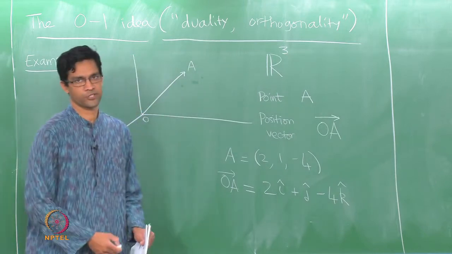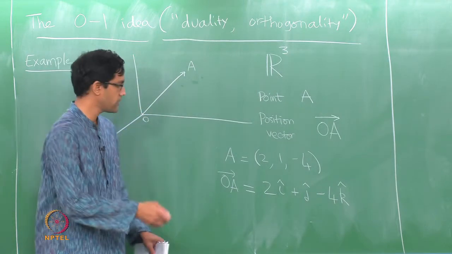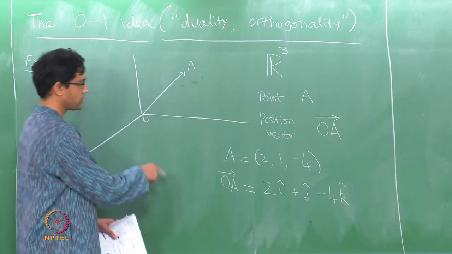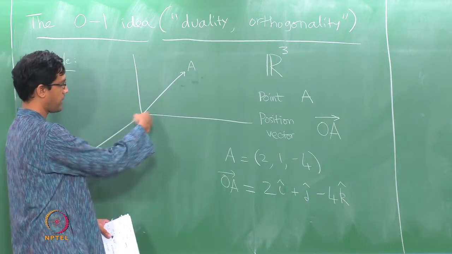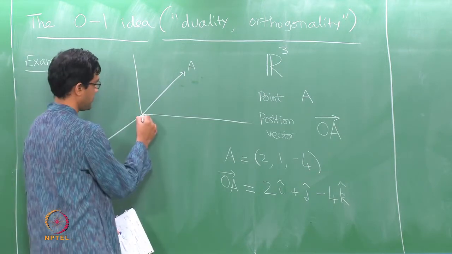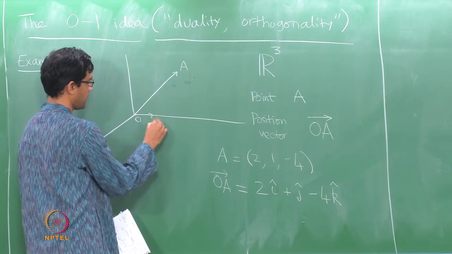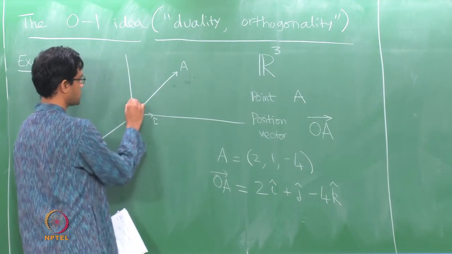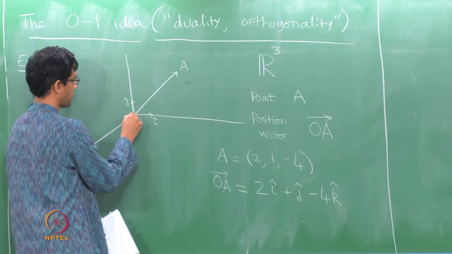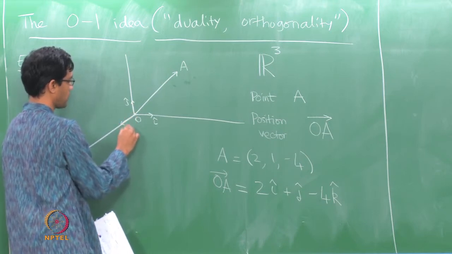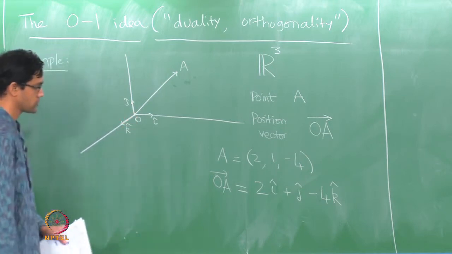This is the conventional way of writing this, where i, j and k just refer to the unit vectors along the x, y and z directions. So i is along the x, j is the unit vector along the y, and k is the unit vector along the z direction.